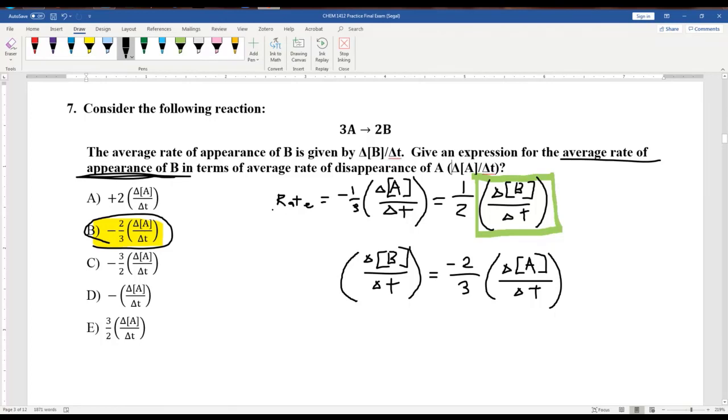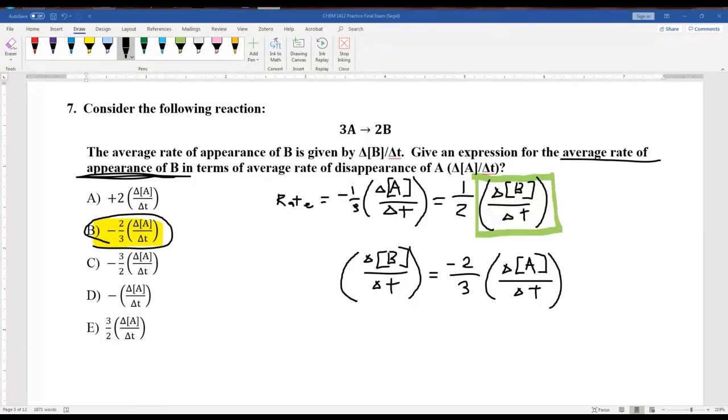Give an expression for the average rate of appearance of B, which means I want to solve for delta B over delta T. Yeah, it's tricky. With some of these problems, you really got to watch the wording. It's very easy to be led astray, shall we say. Yeah, no problem. It's a good question. Very good question.